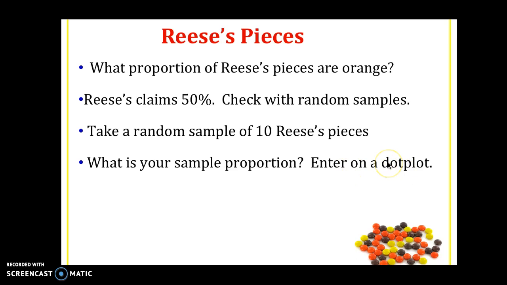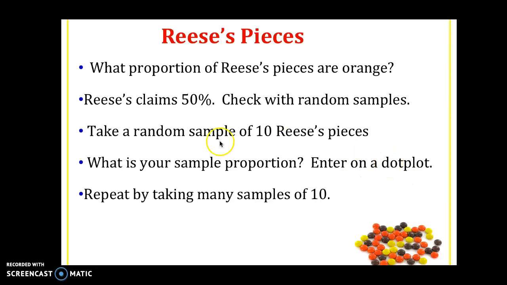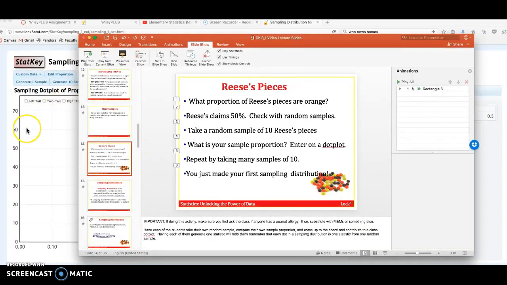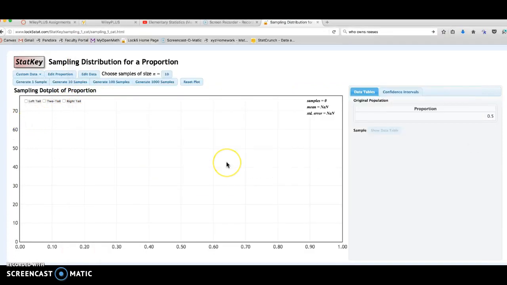Enter it on a dot plot, and we're going to repeat by taking many, many samples of 10. That is the idea behind sampling distribution. We're not going to do this right now in this video. Instead, I'm going to head over to StatKey. I'm looking at StatKey, sampling distribution for a proportion.